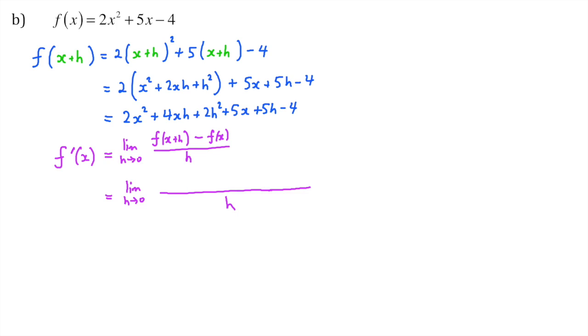Let's have a look. I start by putting into the formula f of x plus h. What is f of x plus h? Well, f of x plus h is all of that.